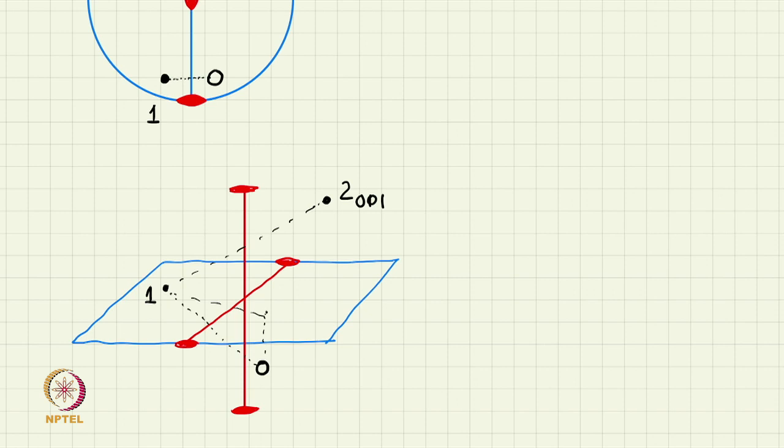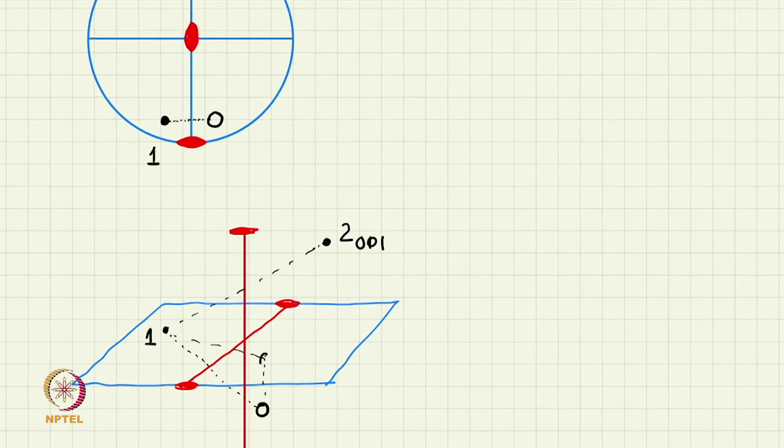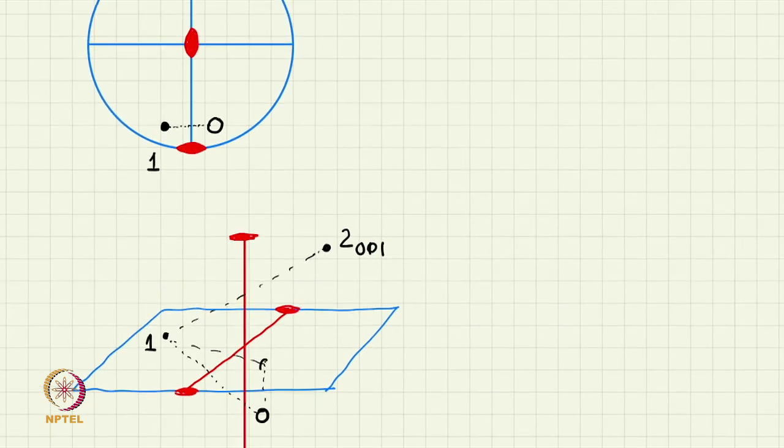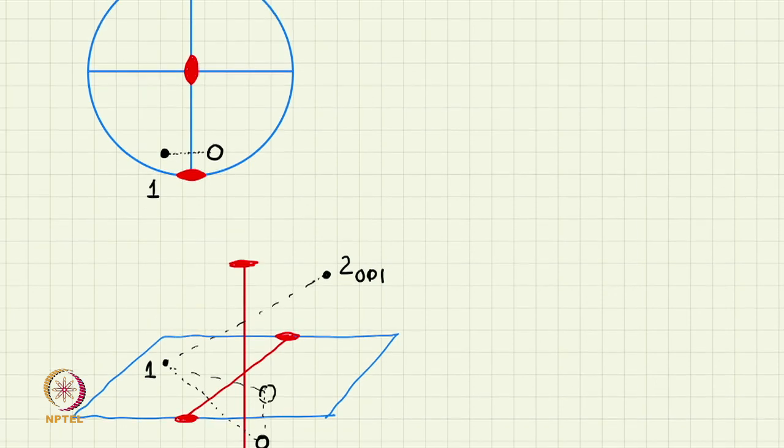So, that is where I drew this one, and since it is a result of 2-fold rotation about the horizontal axis, let me call this the x axis. So, I call this 2 1 0 0.